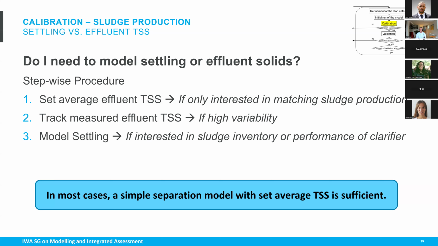And if you are not recognizing that, so let's say you have a stable clarifier, but a too sensitive settling model, you're losing sludge, and then the results of your scenario are mainly driven by losing sludge. Yeah, so be a bit careful. If you use settling, you have to check how much sludge you lost through the effluent. Yeah, so very dangerous using a sensitive settling model.